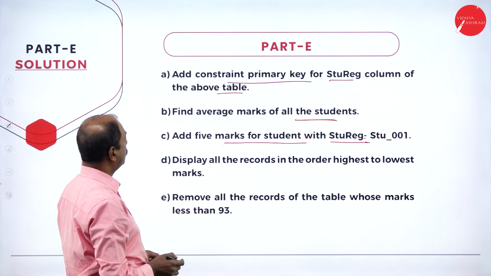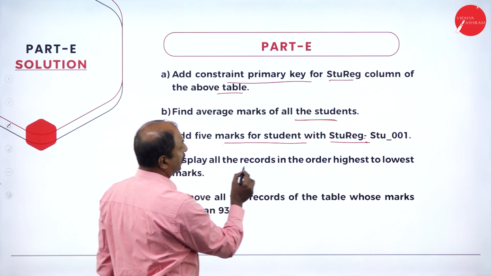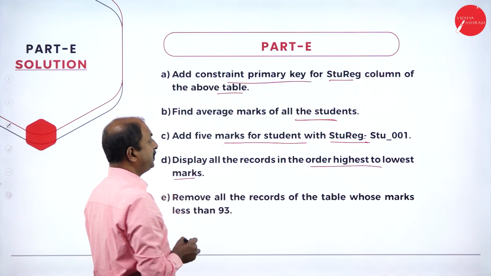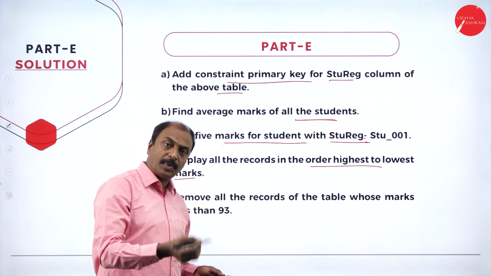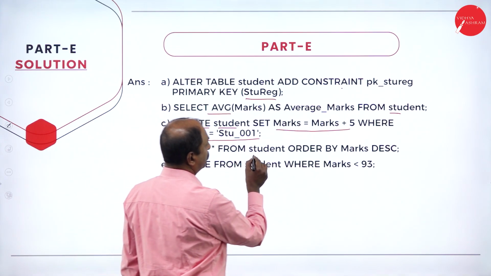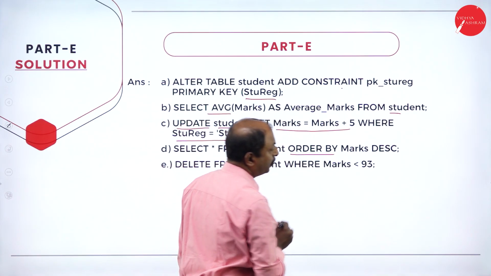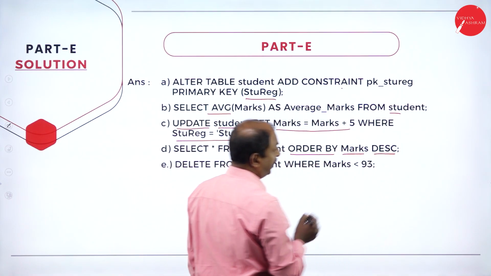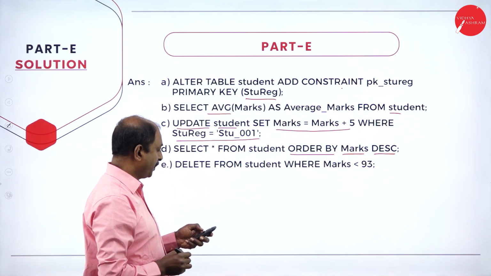Next question is: display all the records in the order of highest to lowest marks. The query is select star from student order by marks DESC, which means descending order.